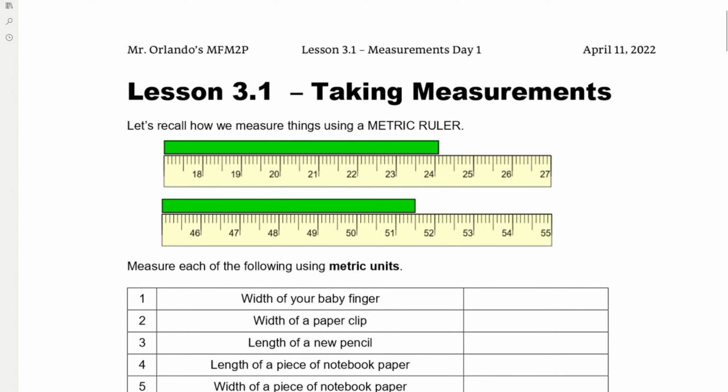And really quickly, let's recall how we measure things with a metric ruler. Using a metric ruler means we're talking about centimeters and millimeters, and maybe meters if we were talking about a meter stick.